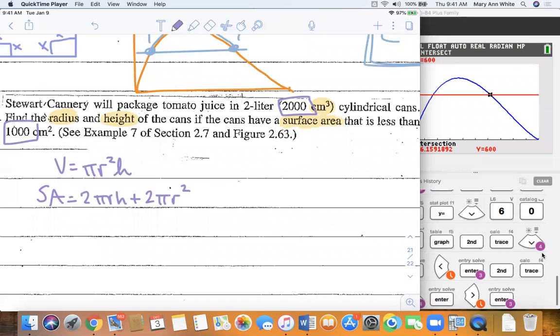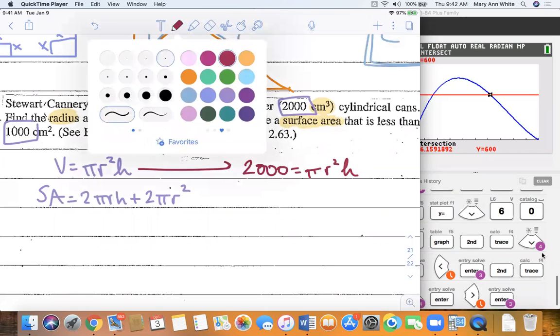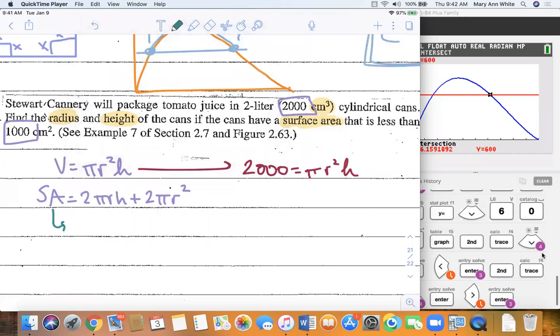Okay, so that being said, we can rewrite a couple things. I know that the volume has to equal this 2,000. So 2,000 equals pi r squared h. We know surface area has to be less than 1,000.